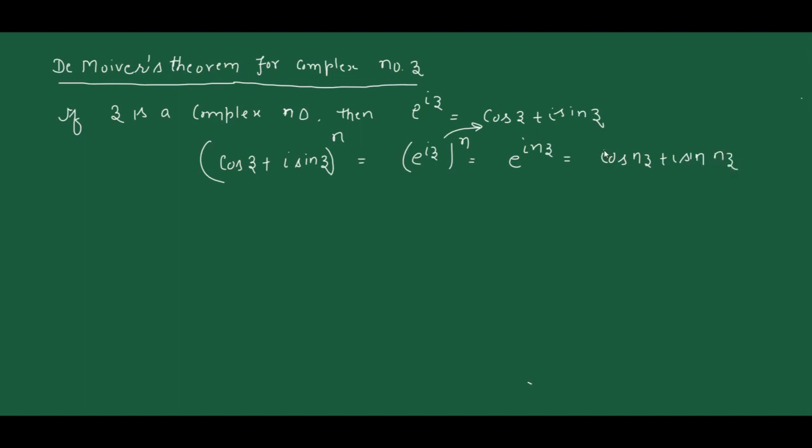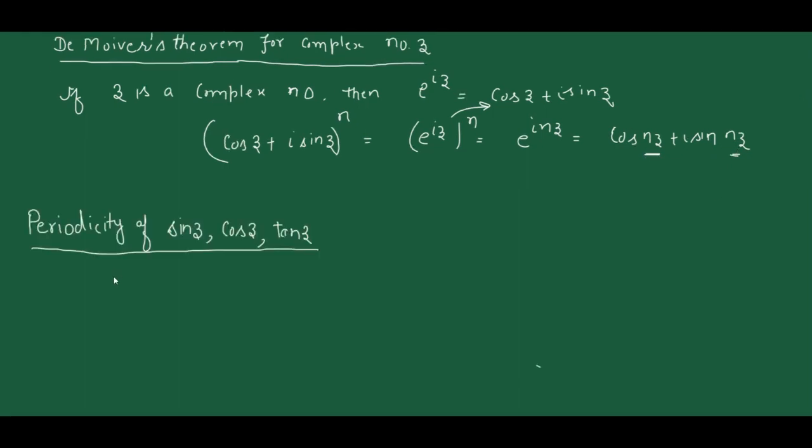So this is the DeMoivre's theorem for a complex quantity, and you have seen that if n is in power, then you can move n as an angle of cos. So this is the extension of DeMoivre's theorem for a complex number.